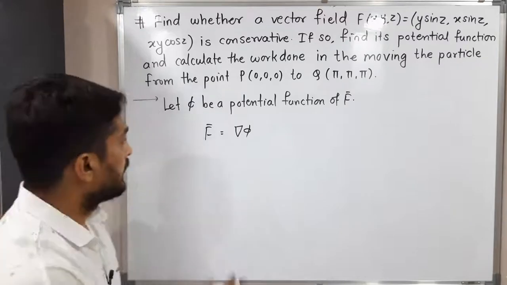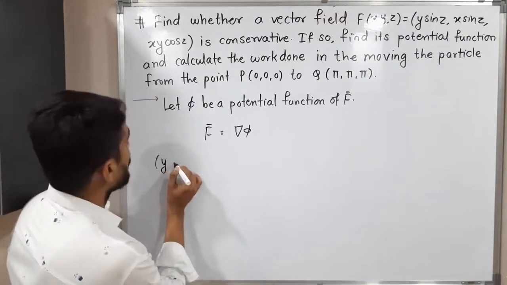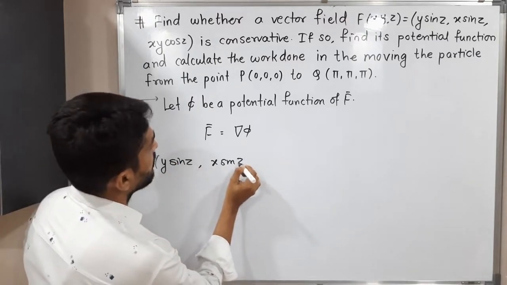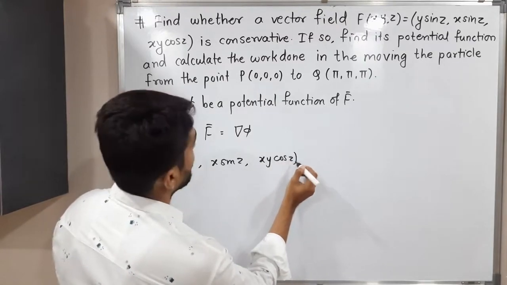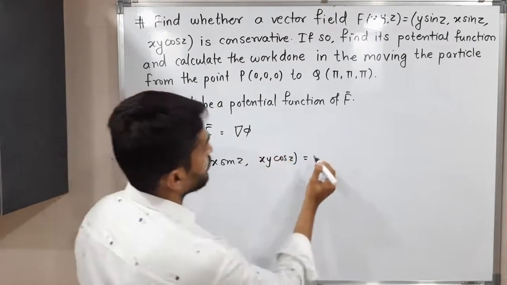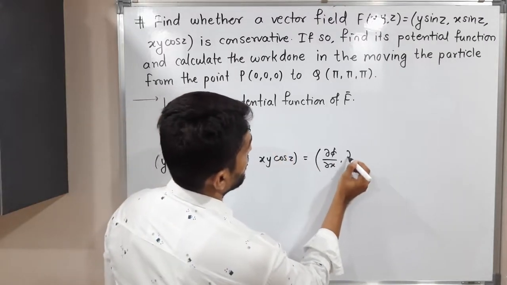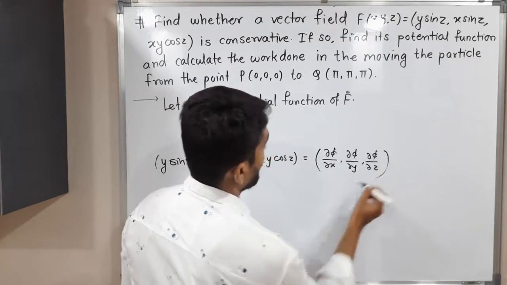Let me put the value of f bar here: y sin z, next x sin z, next one is xy cos z, which is equal to del phi. You know the operator del: ∂phi/∂x, ∂phi/∂y and ∂phi/∂z.